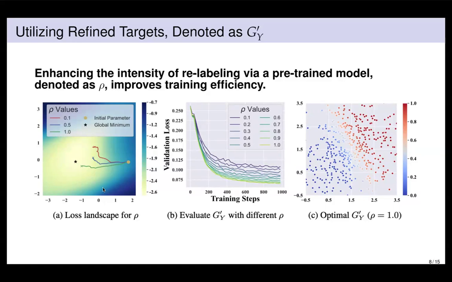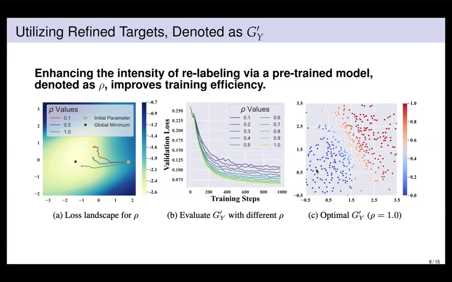In this case, the training trajectory is very smooth, and it will approach the global minima very fast. In figure B, we can also see that if we use the biggest rho value, which is 1.0, the validation loss will decrease very fast compared with the other values.